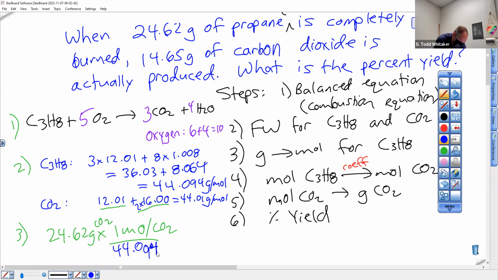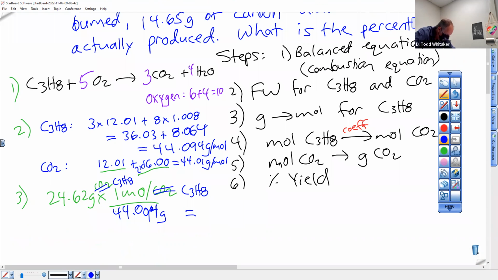That's mole C, 1 mole C3H8. And this was C3H8, is that right? Yeah. Good. Now I know I'm talking about the right substance. 24.62 grams propane, which is C3H8, times 1 mole of propane for every 44.094 grams equals.